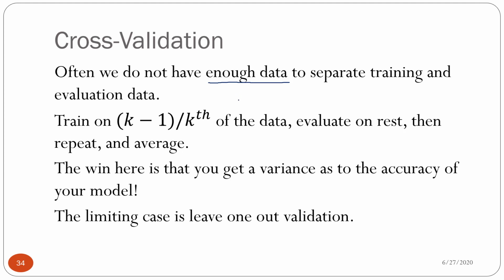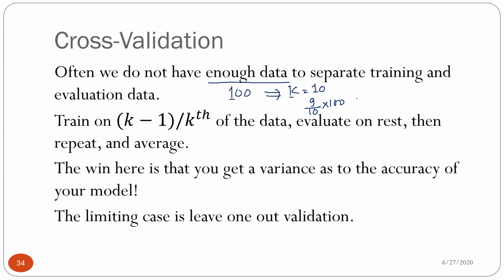So if you had, as an example, 100 data samples, assume that k is equal to 10. So you will divide the whole data into 10 partitions, and out of these 10 partitions you will use 9/10th of the 100 for training, right?